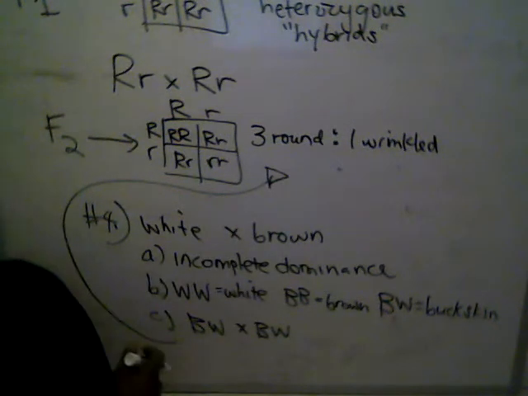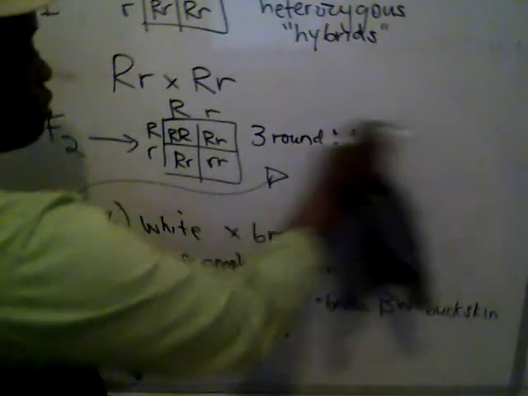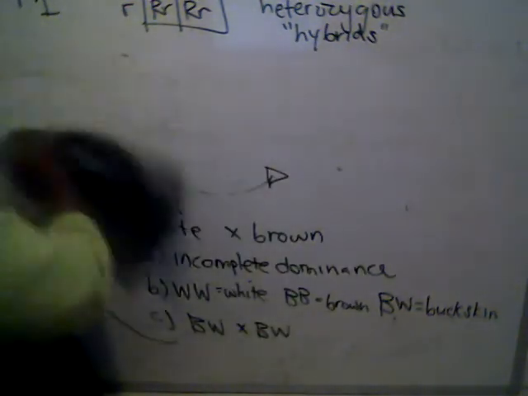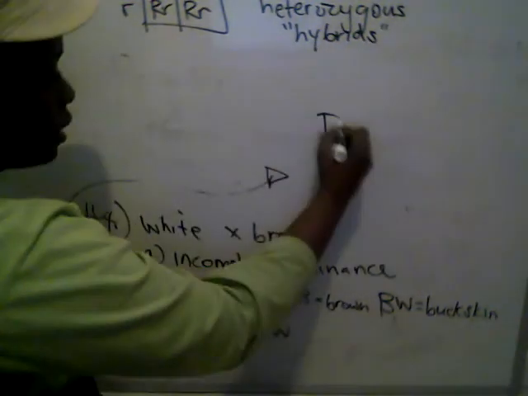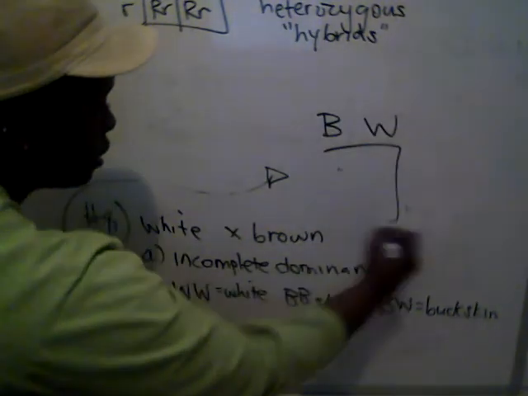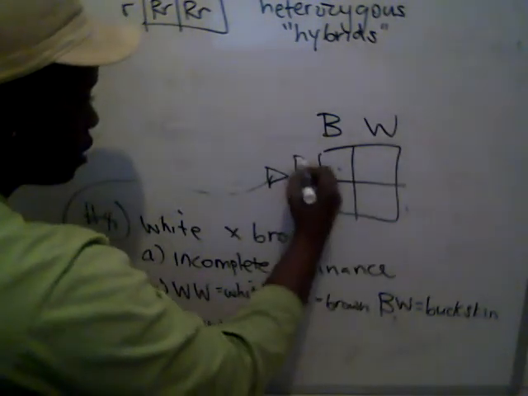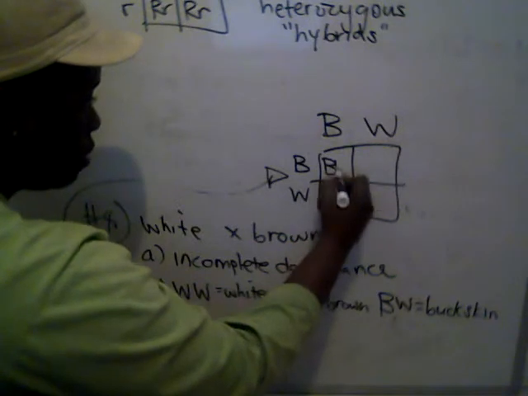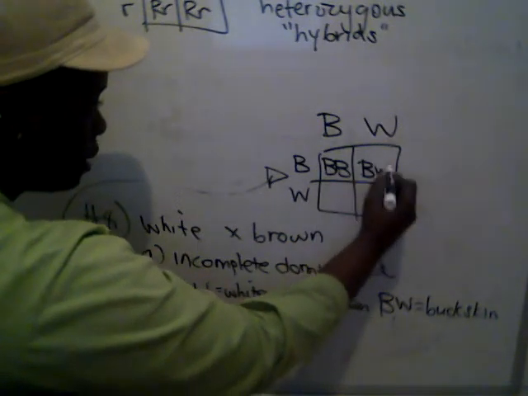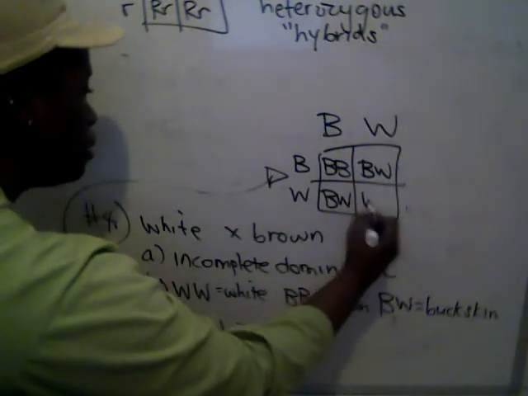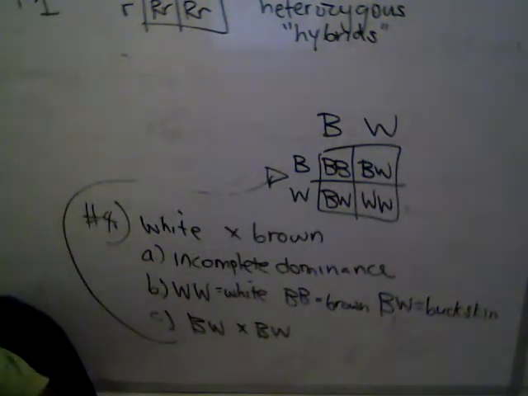Okay. So if she were to take these and cross them, she would end up with something like this. 1 big B, big B, 1 big B, big W, 1 big B, big W, and then 1 big W, big W.